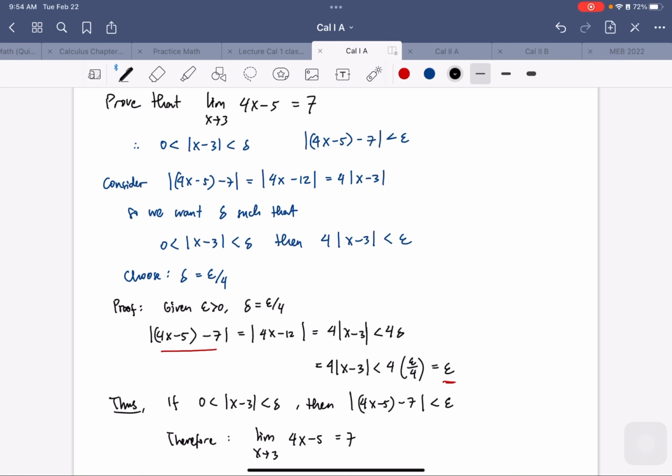You need to choose some delta, check the delta, prove that the delta is correct by going back to the original statement, and that is the proof. So the important part is the structure, not finding the numbers themselves. At least finding the relation between delta and epsilon is the key part here.